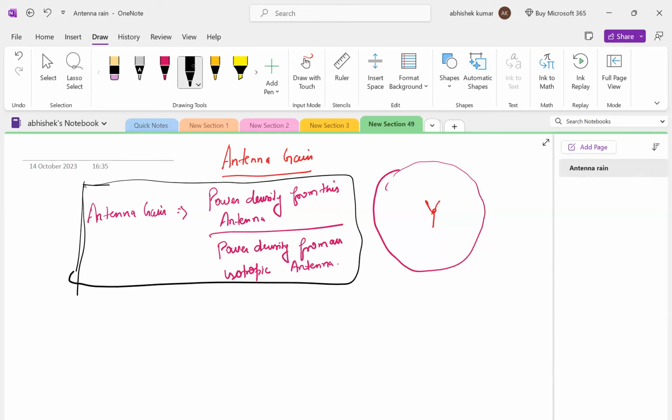If the direction of gain is not specified, then it is the gain in the direction of maximum radiation.